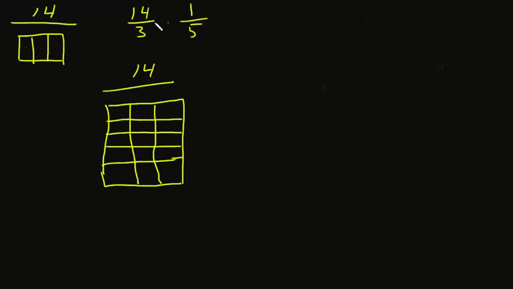And what we were told to do when we were told to multiply 14/3 by 1/5 is, okay, we've got our 14 to divide amongst 1/3 size sections, and it'll take 3 of these sections to equal 1.